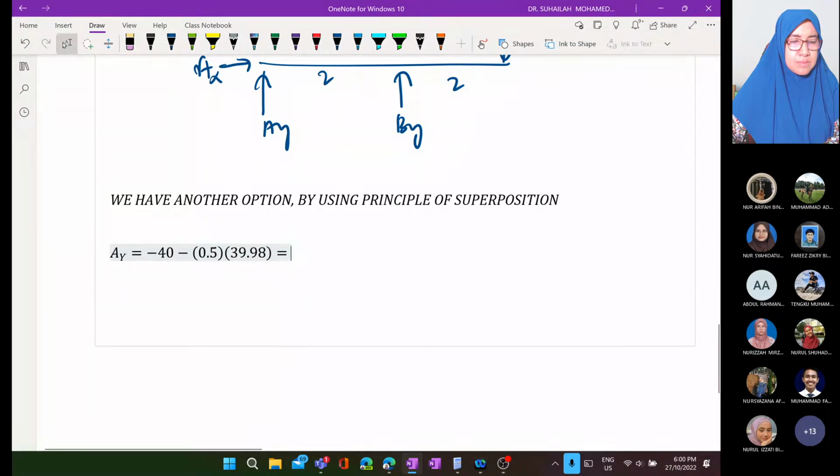Okay, check back the previous one. Check back. So it is negative 40 minus 0.5 MA. Negative 40 minus 0.5 MA. We should get negative 59.99. Okay, thanks for responding. It's fine, just check back.